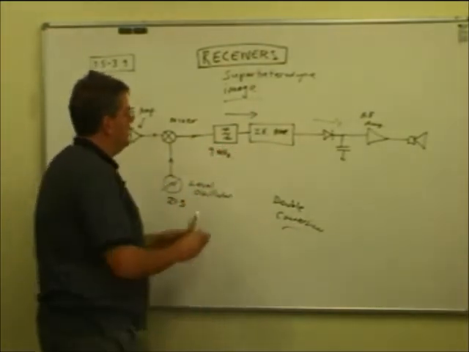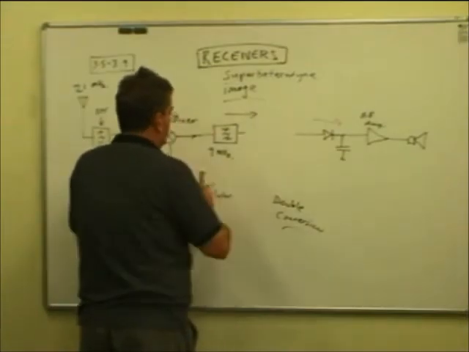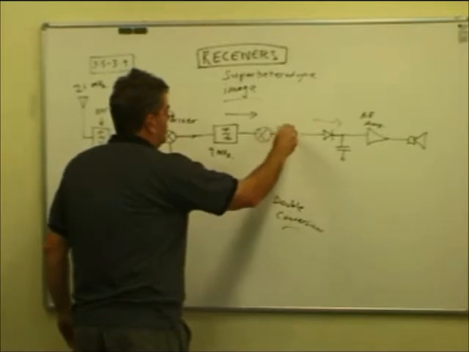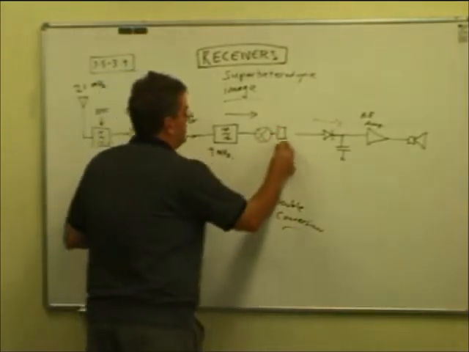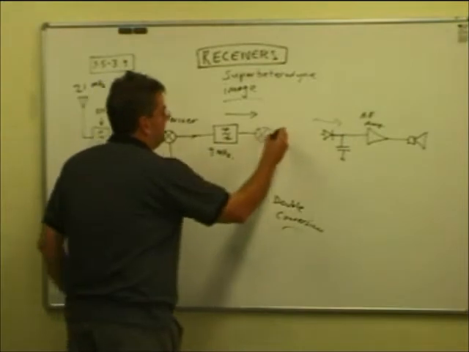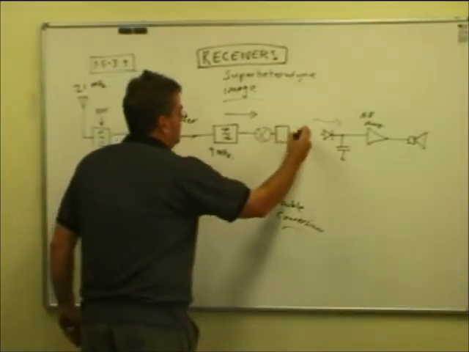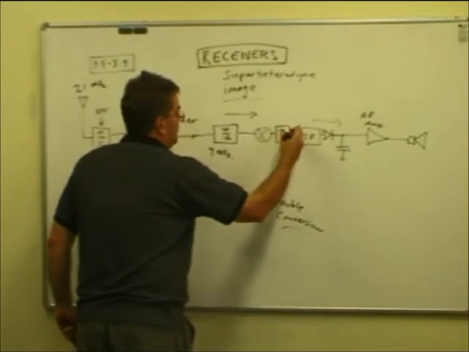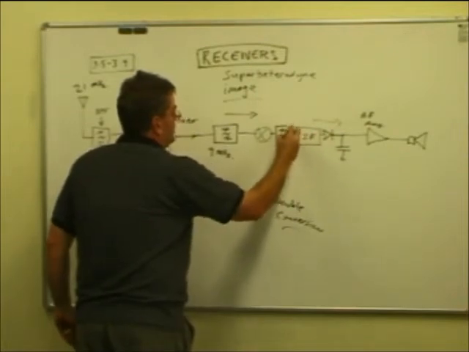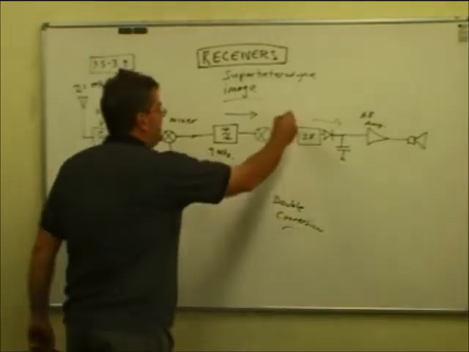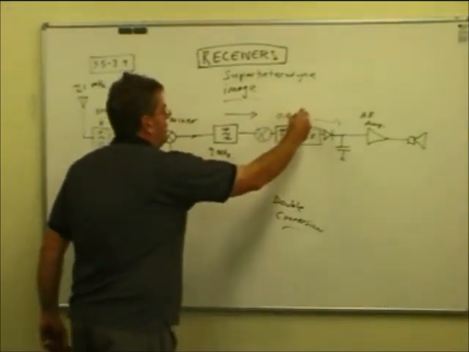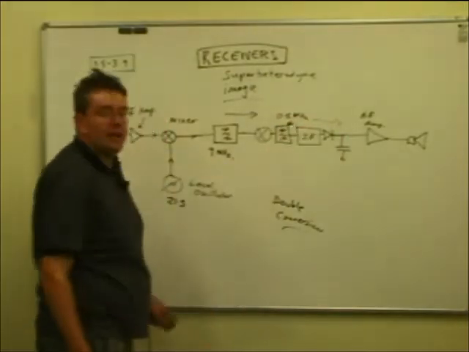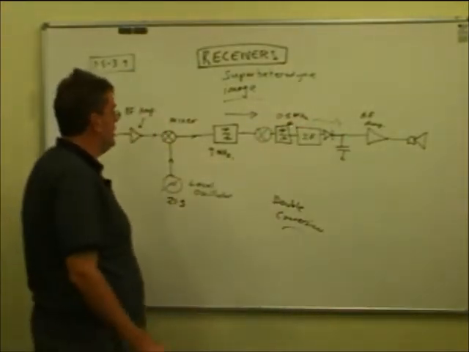Get rid of the IF amp, put a second mixer, then the filter, then the IF amp there, and a bandpass filter there. So here we've got our narrow half megahertz, 500 kilohertz filter, with an IF amplifier running at half a megahertz doing most of the receiver amplification.